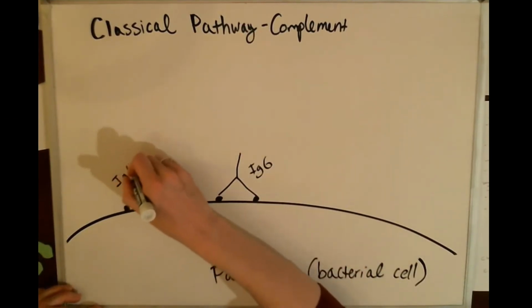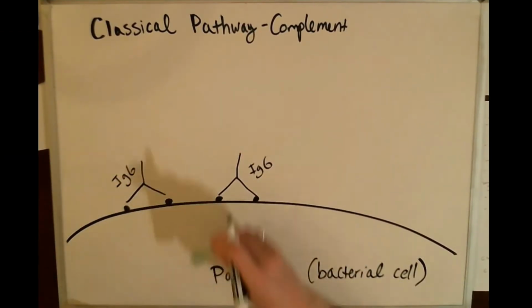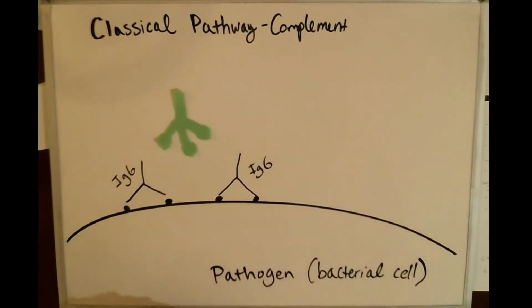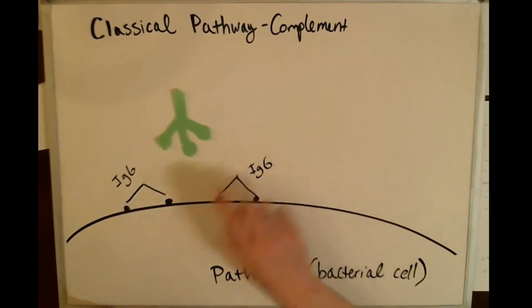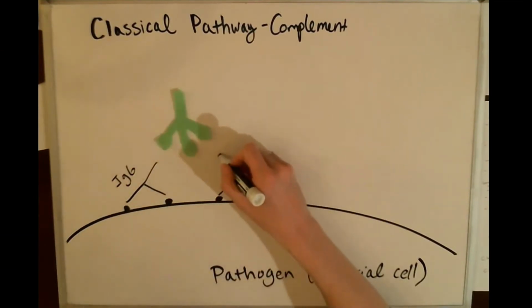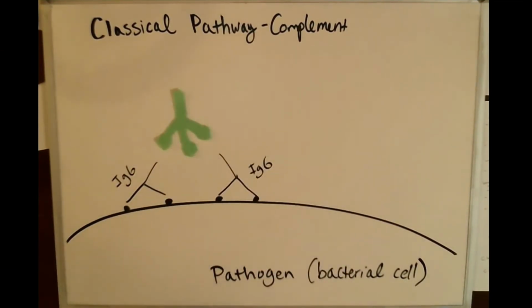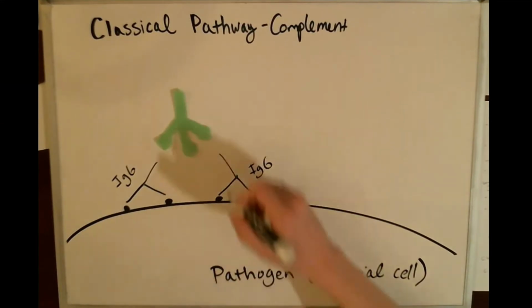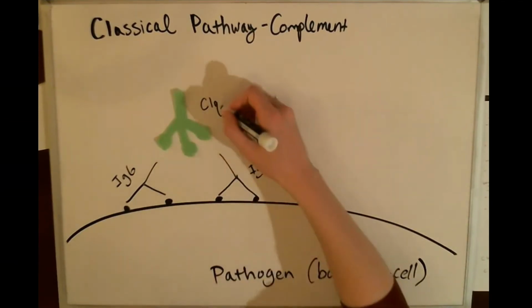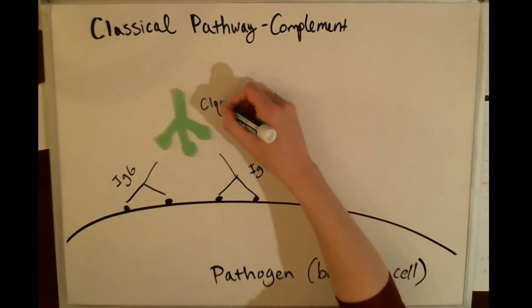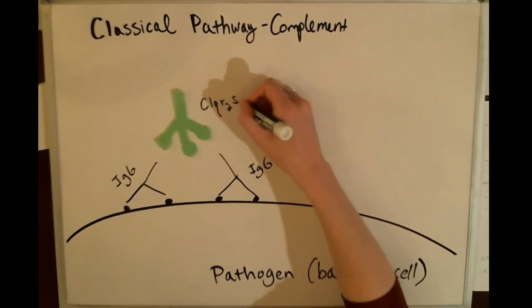And then we're going to see our initiator protein come in. This will be binding directly to the antibodies, so we'll draw these so it's interacting a little bit better. And this initiator protein is a large complex that's made up of 3 different types of complement proteins. The first one's called C1q, and then C1r, and C1s.